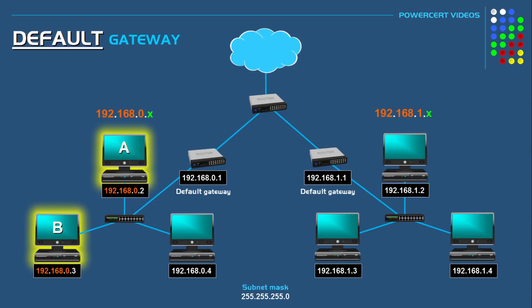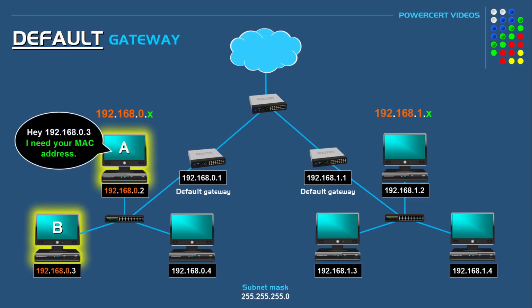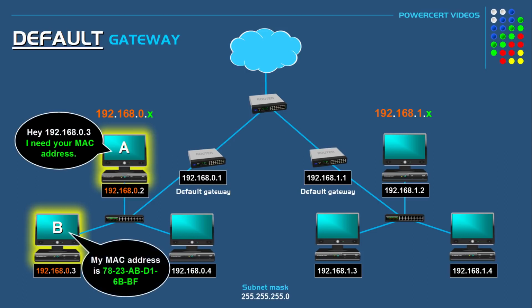So computer A now knows that computer B is on the same network. In order for communication to take place, computer A needs computer B's MAC address, and it finds this by sending out an ARP broadcast out on the network asking computer B for its MAC address. Then once it has the MAC address, communication can finally take place.